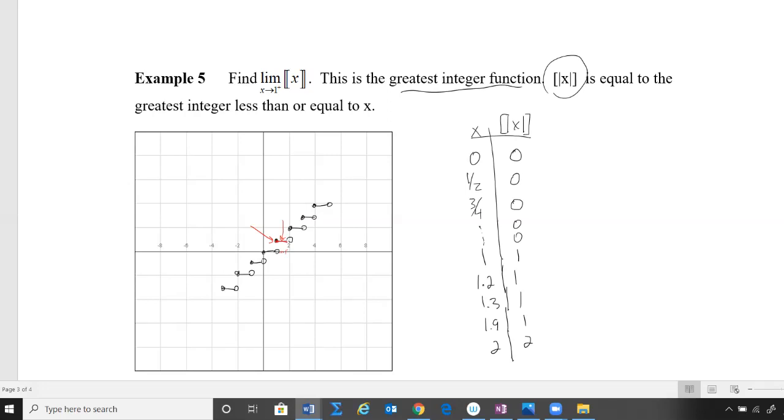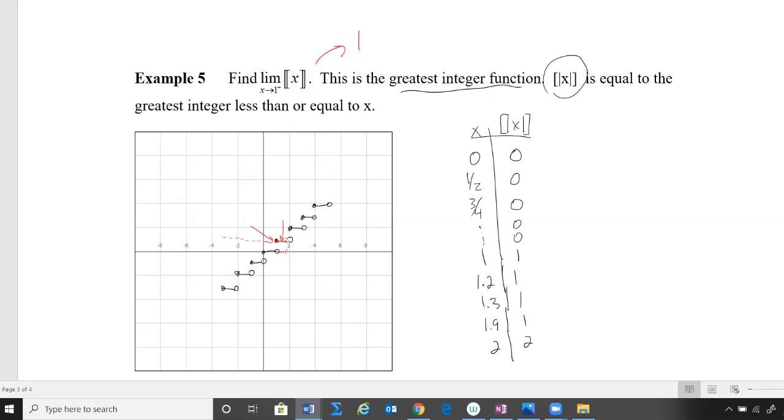Remember, we don't actually have to reach 1, but we can see that the values for the function stay at 1, as close as you want to get to x equals 1. So our answer is just 1. You can see that from the graph. It's 1 high, basically.